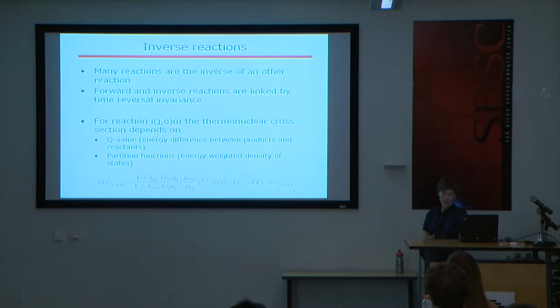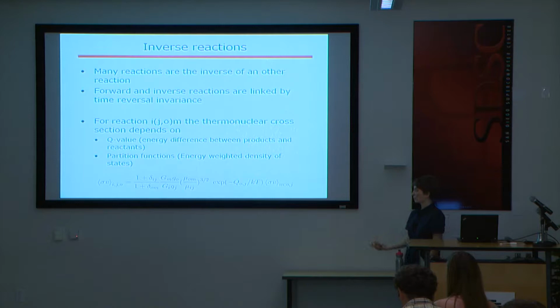So that means for astrophysics, for nucleosynthesis calculations, if you measure the cross-section for one direction, if you know what your partition functions are and what your Q value is, you can find the thermonuclear cross-section for the inverse direction. Also, if you calculate the cross-section from a theoretical model, you only calculate one direction, and then you find the thermonuclear cross-section for the inverse direction by multiplying with the partition functions and the Q value of the reaction.